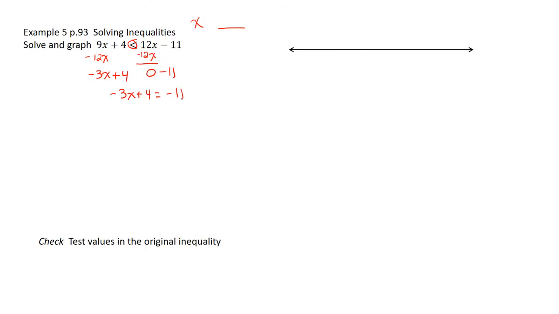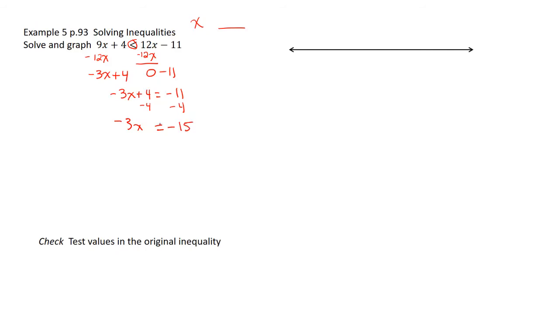Let's go ahead and move our 4 over. Because we want the x to be by itself, and right now we have a positive 4 added, let's subtract 4 on both sides. That leaves us with negative 3x, 4 minus 4 is 0, is less than negative 11 plus negative 4, which is negative 15.